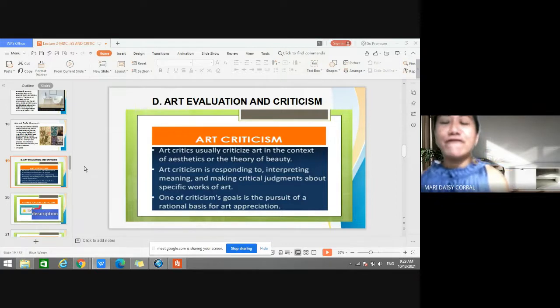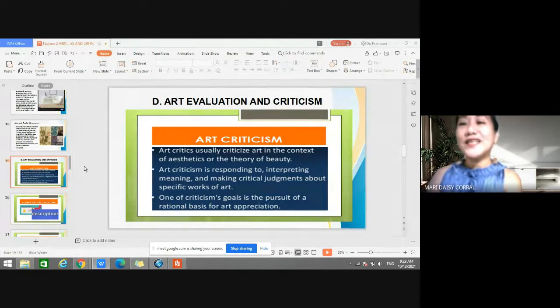So we have four steps in trying to come up with art evaluation or critiquing your art. But let me first define what art criticism is. Art critics usually criticize art in the context of aesthetics or the theory of beauty. So, art criticism is responding to, interpreting meaning, and making critical judgment about a specific work of art.